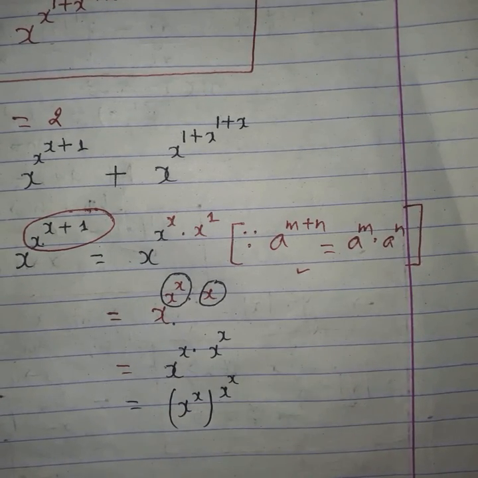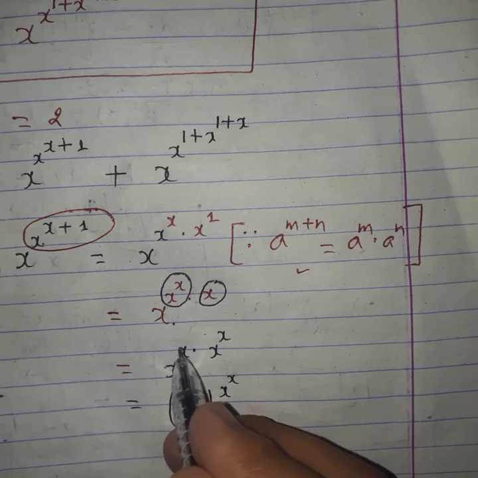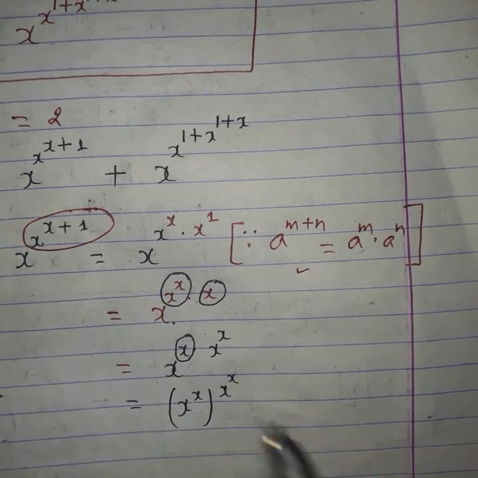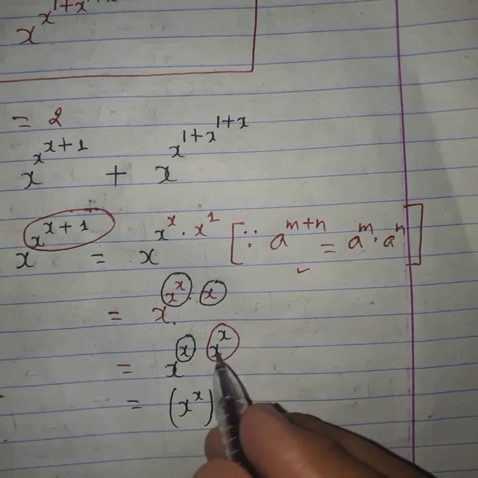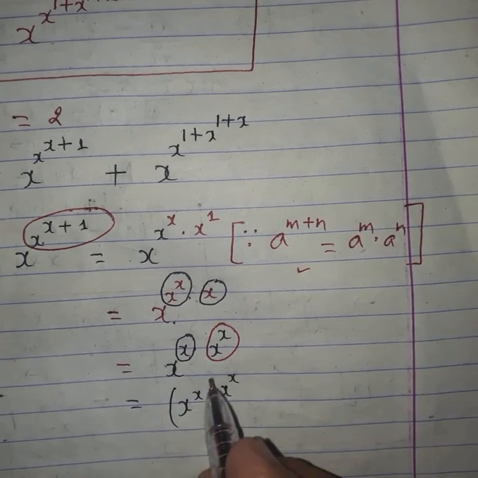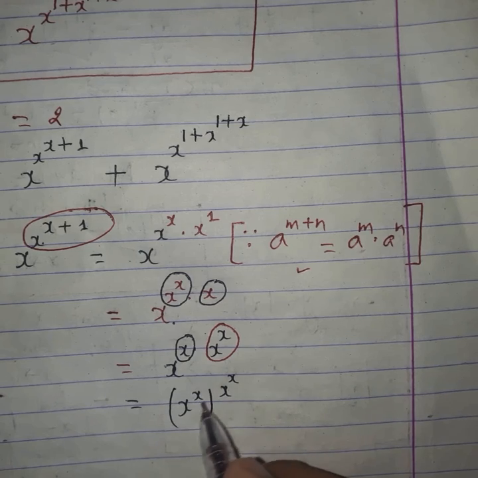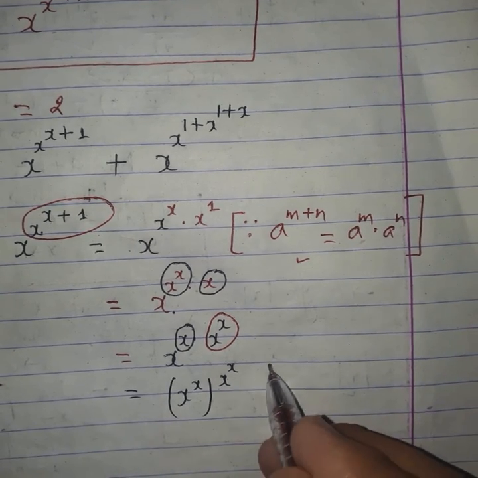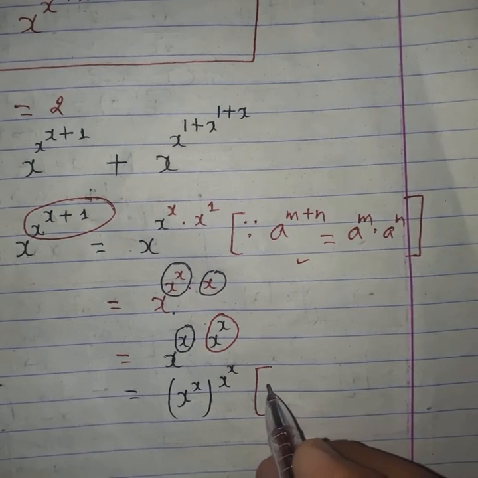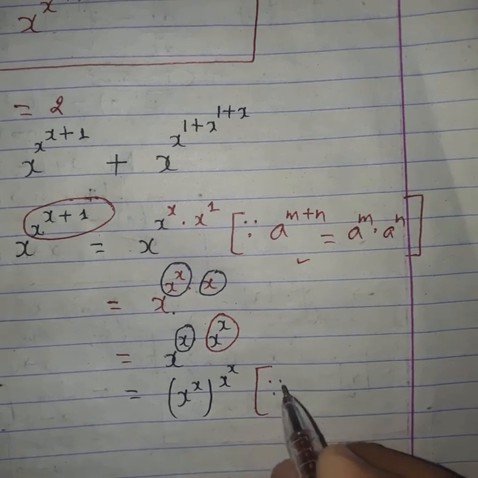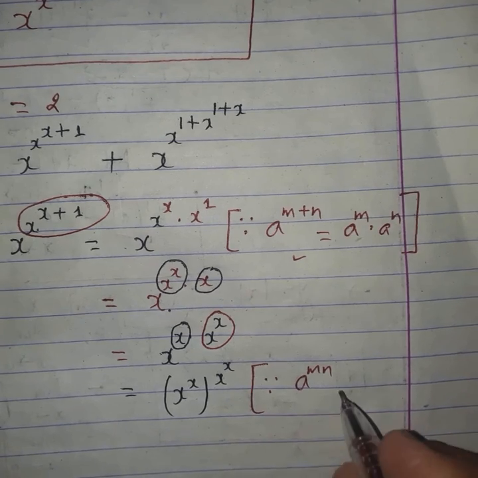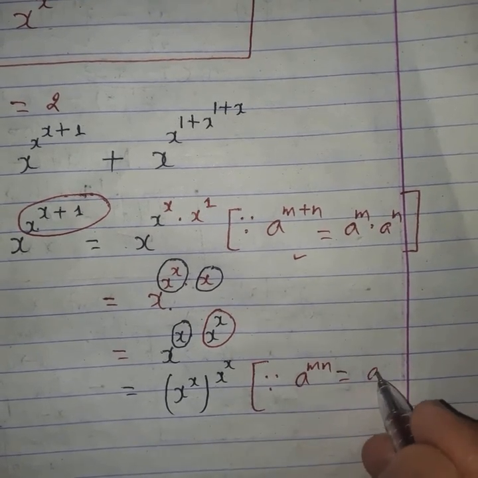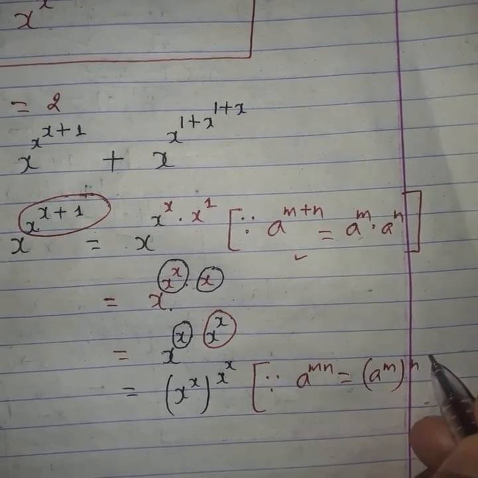Here are the two powers. One power is this, for the base x, and another power is this. These two powers are multiplied together, so we can make them separate like this. Here we use the concept that if a to the power of mn, then this is the same as a to the power of m, whole power n.